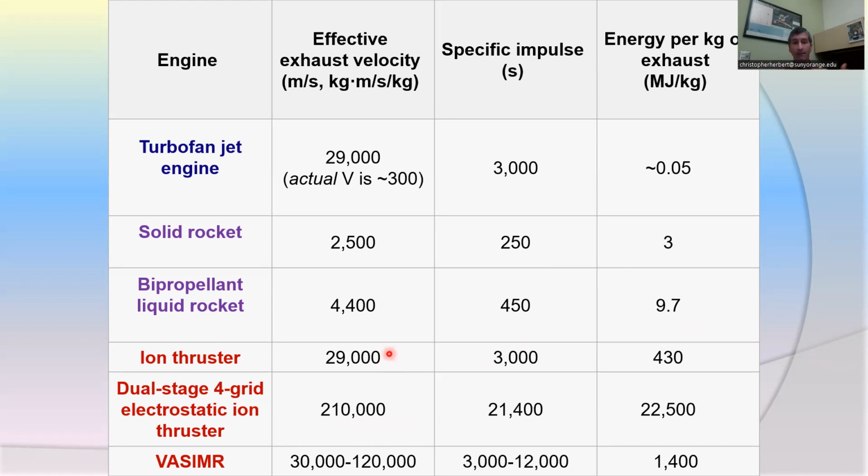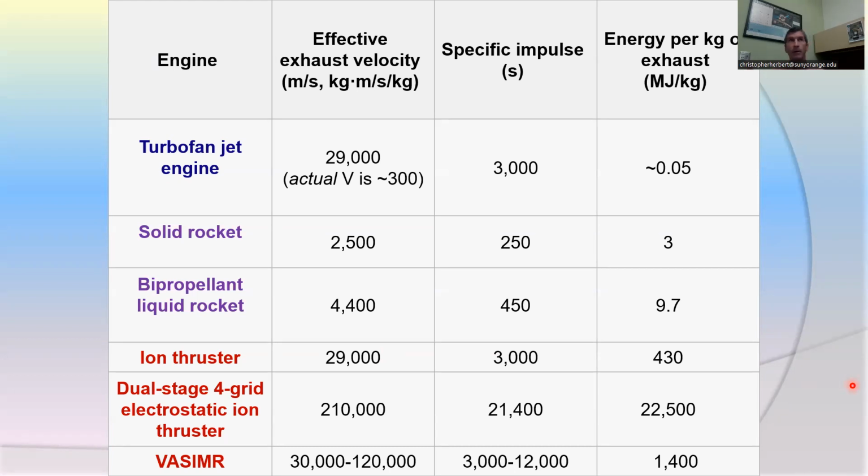Here we can see that using ions seems like a much better idea. At these velocities of tens of thousands of meters per second, or even hundreds of thousands of meters per second, we get much better specific impulses. We get much more energy than we get from the chemical rockets.